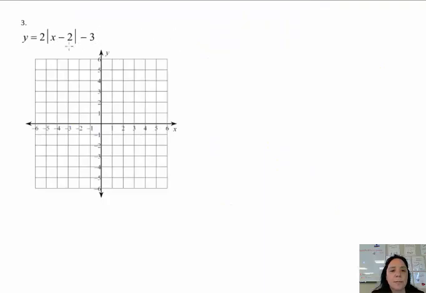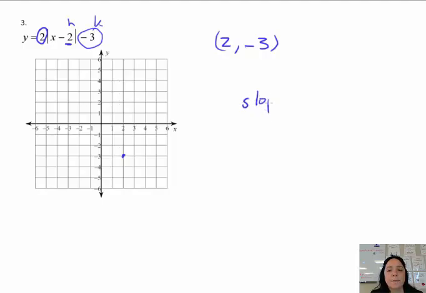Our next problem has a vertex, an h of 2, and a k of -3. So we can plot that to begin with, 2, -3. It does have an a value. A is positive, so our V is going to open upward, but we're going to have slopes of plus and minus a, which is to say plus and -2.